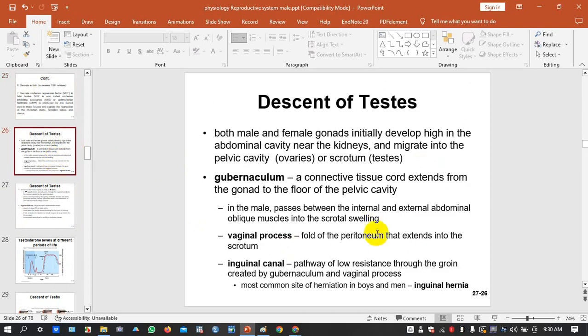The vaginal process is the fold of the peritoneum that extends into the scrotum. The inguinal canal is the pathway of low resistance to the groin, created by the gubernaculum and the vaginal process. It is the most common site of herniation in boys and men, that's inguinal hernia.